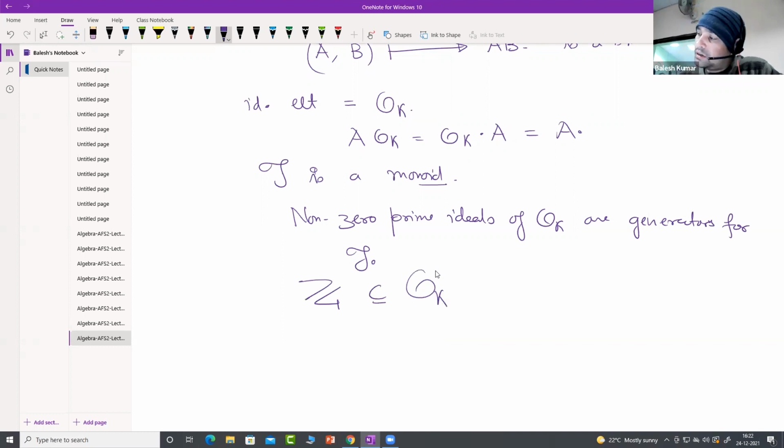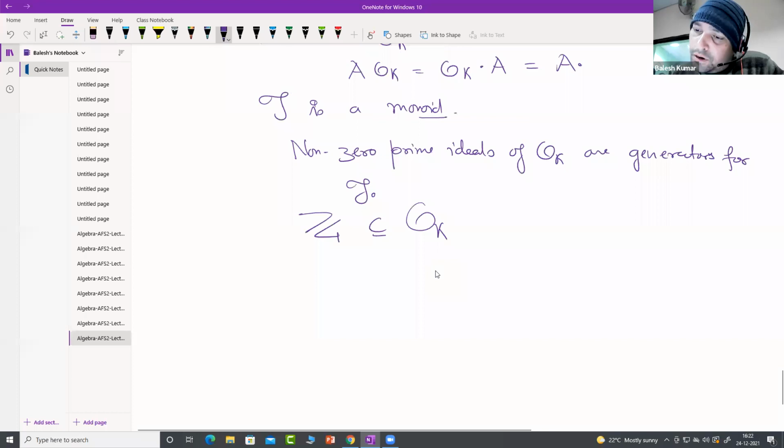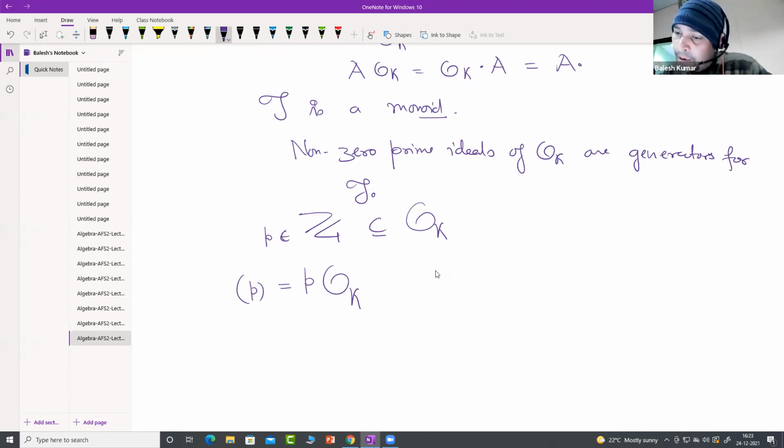In particular, the ring of integers is contained inside the ring of algebraic integers, and one is always interested in whether a prime integer p lying here remains a prime inside OK or not. Since there is a factorization in terms of ideals, the principal ideal generated by p inside OK, denoted pOK, can be written as a product of prime ideals.